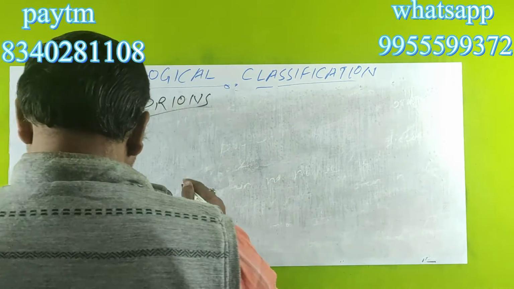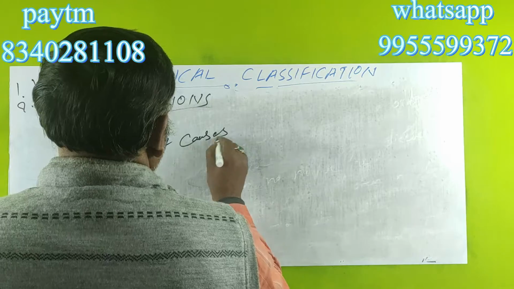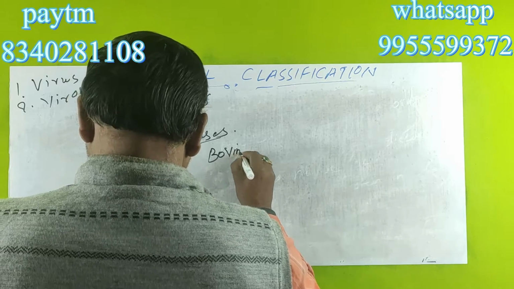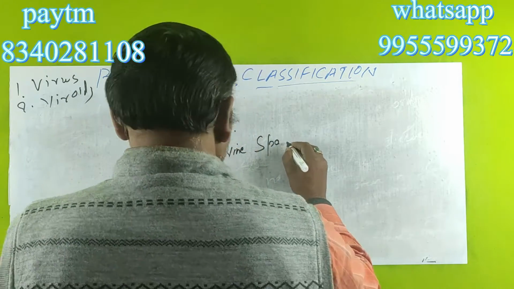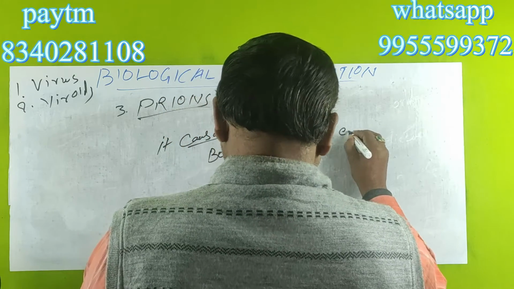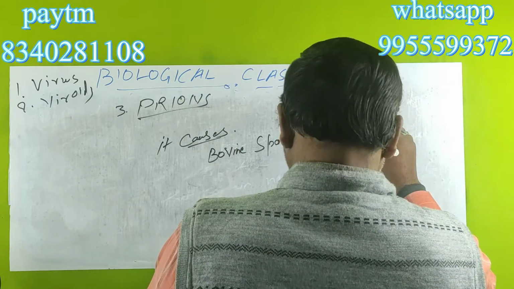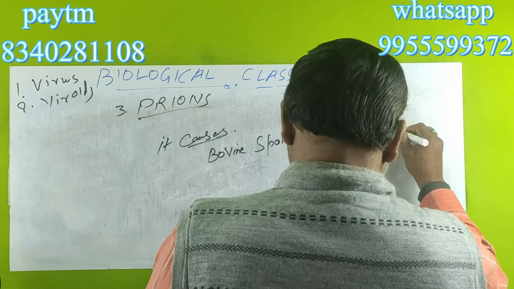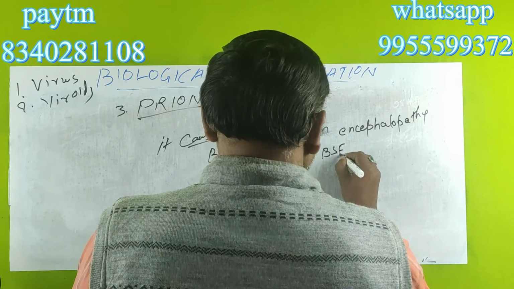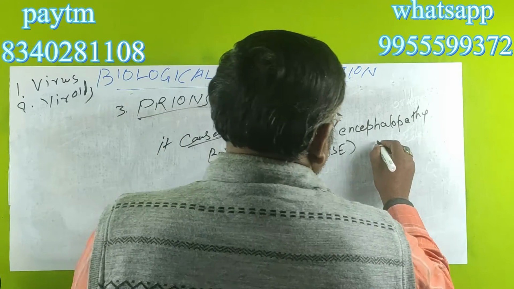And what are the diseases caused? It causes bovine spongiform encephalopathy, that is BSE, bovine spongiform encephalopathy in cattle.